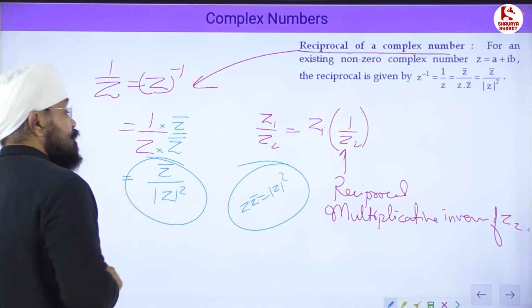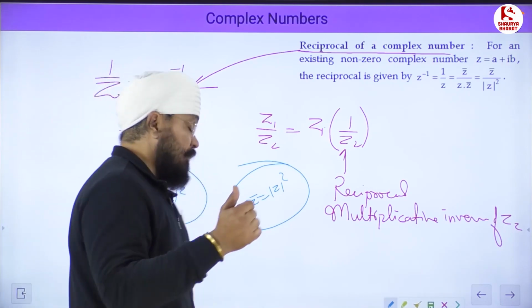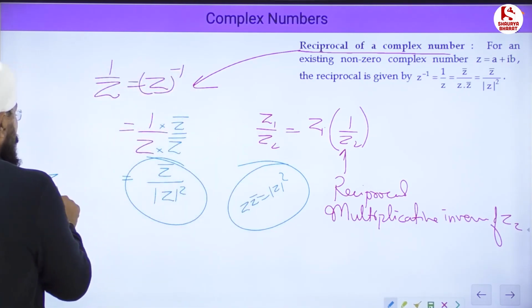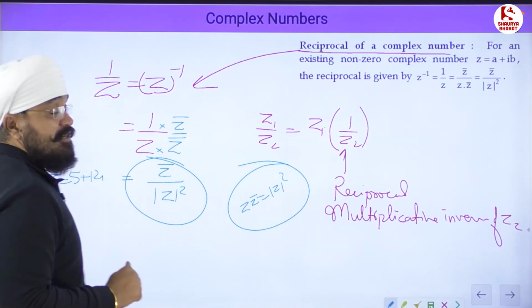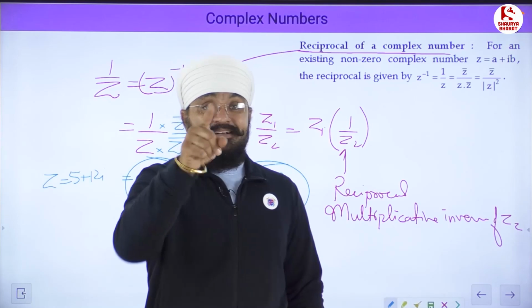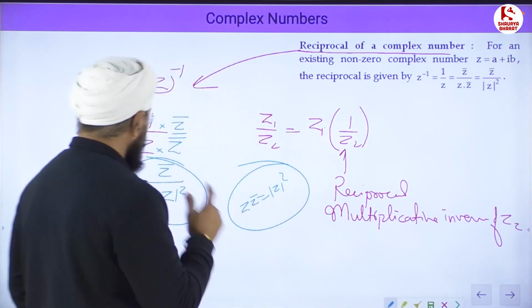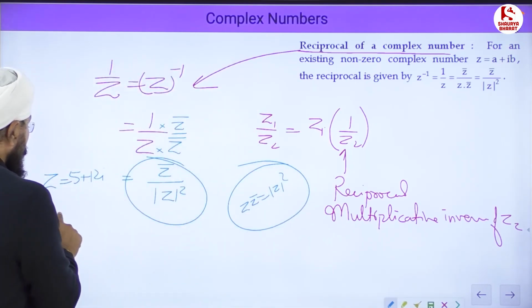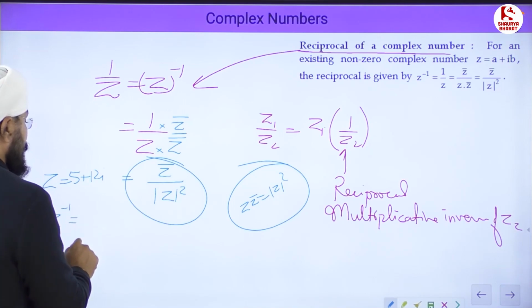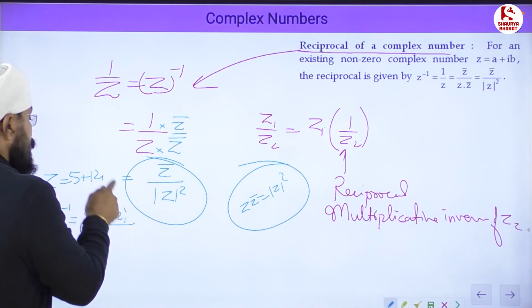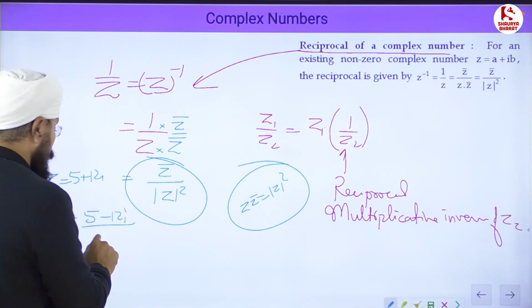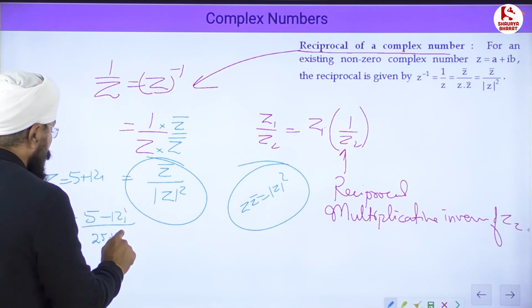So, do remember this property, because for a few small questions, suppose there is a complex number 5 plus 12 iota and I ask you to write its reciprocal. The reciprocal can be written very easily. To find Z to the power minus 1, we write 5 minus 12 iota divided by the square of the magnitude, which is 25 plus 144.